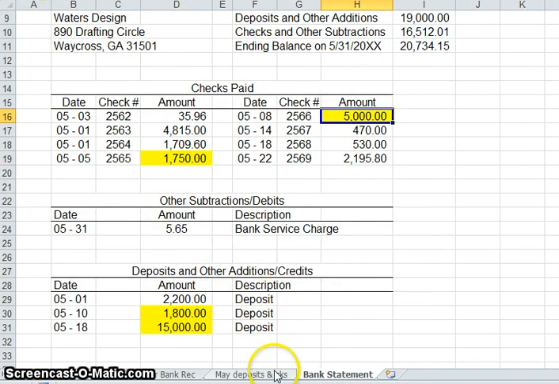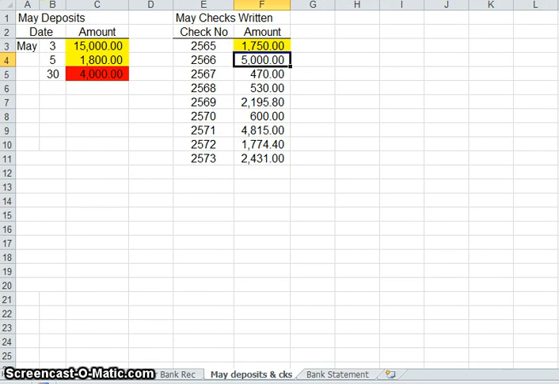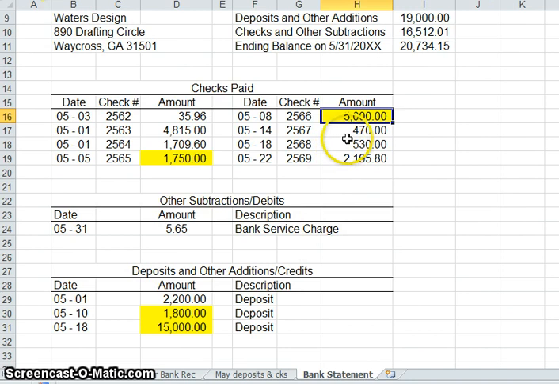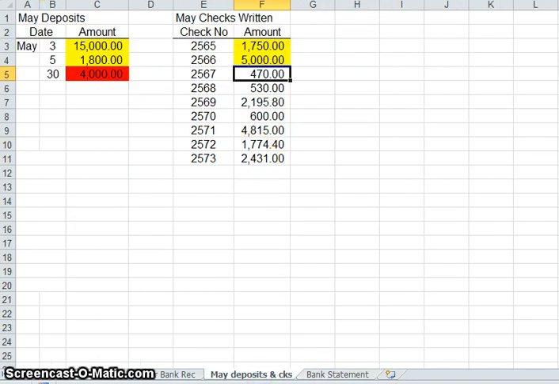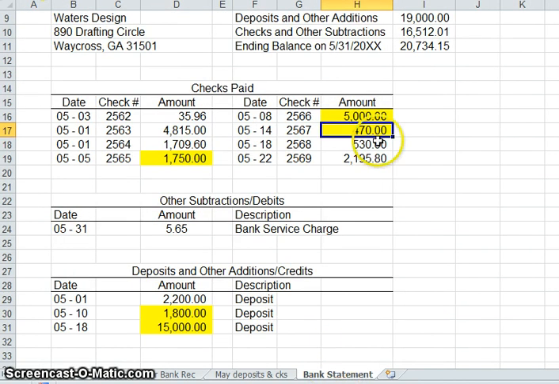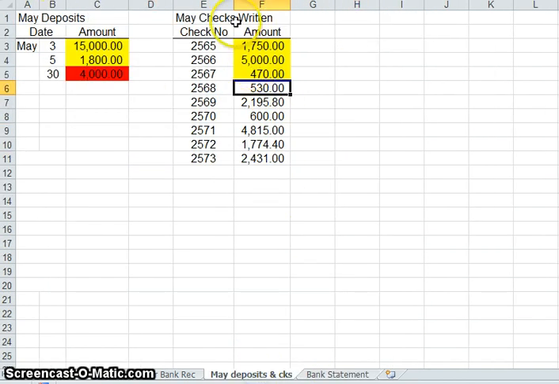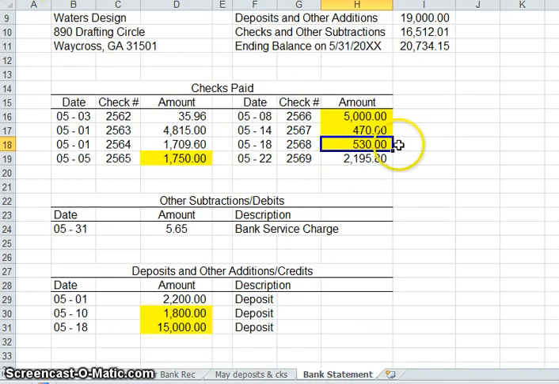All right, let's check it off. $470, that was check number 2567. And there that is. We'll check it off. 2568, $530. Yep. Okay. 2569 for $2195.80. Yes, we have that as well.